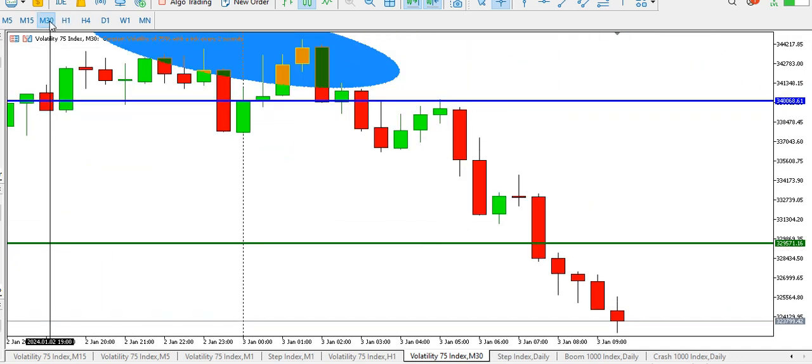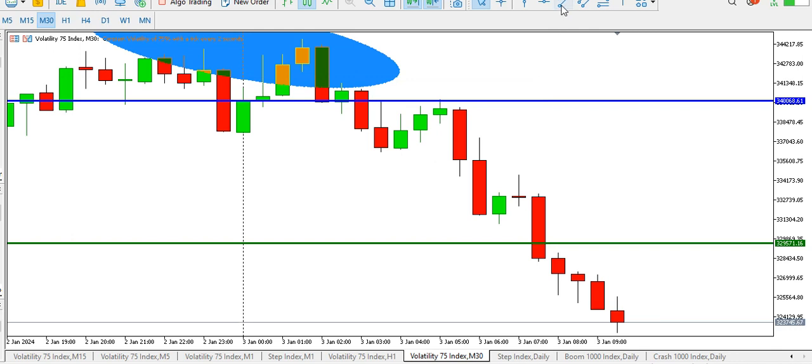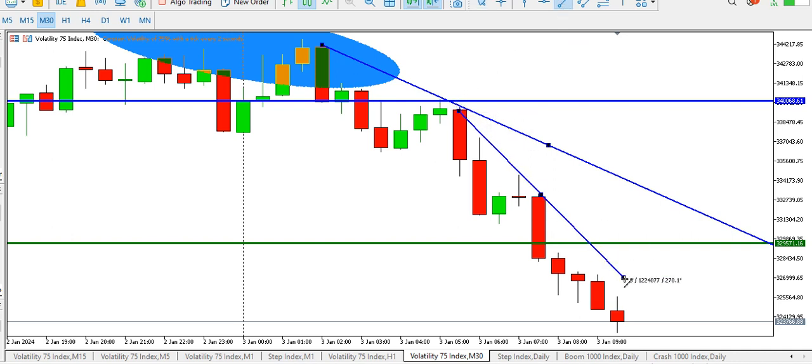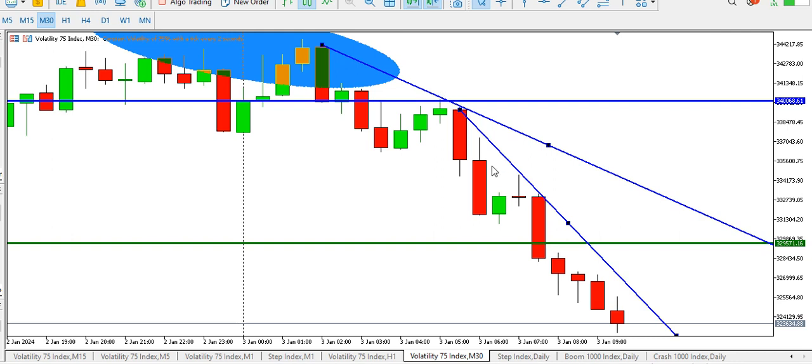On the 30 minutes time frame, you can see a descending trend line, another descending trend line around here, showing a steep drop of price. So you might consider selling the V75 index.